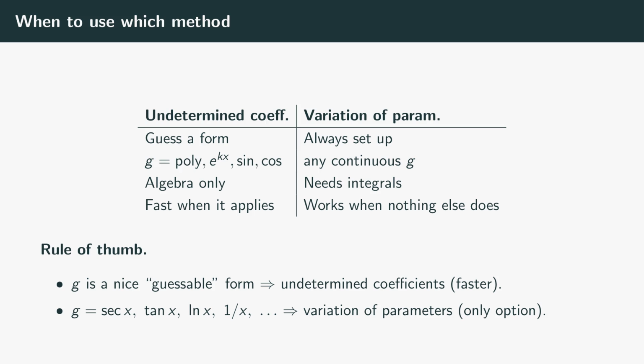If the forcing term is one of the nice, guessable shapes, use undetermined coefficients. There is no reason to compute integrals when a quick guess will do. But if the forcing is anything else, a secant, a tangent, a logarithm, a 1 over x, undetermined coefficients has no guess to offer, and variation of parameters is your only option. In short, guessable forcing, guess, everything else, vary the parameters. They are partners, not rivals.